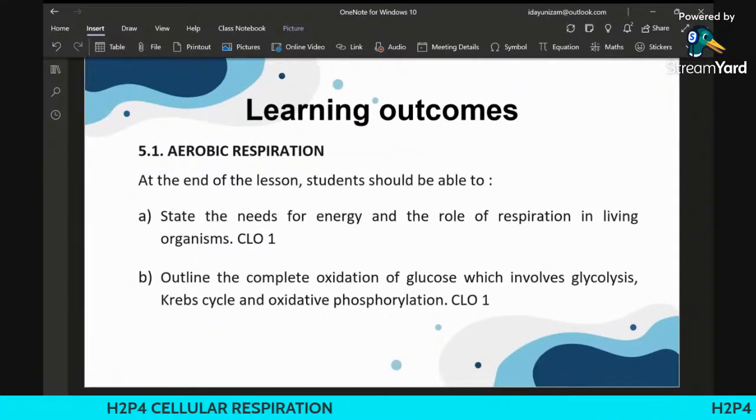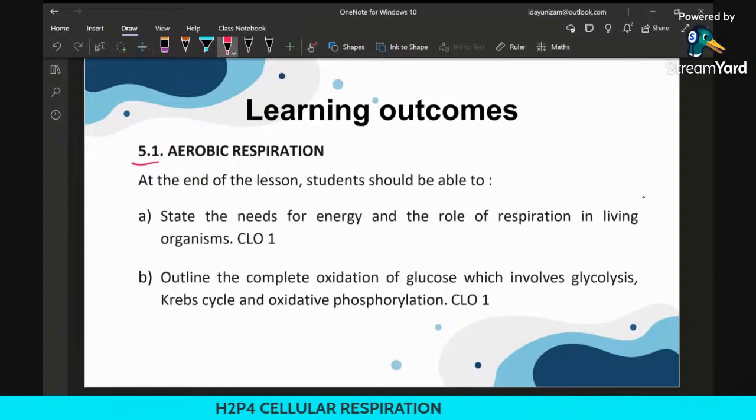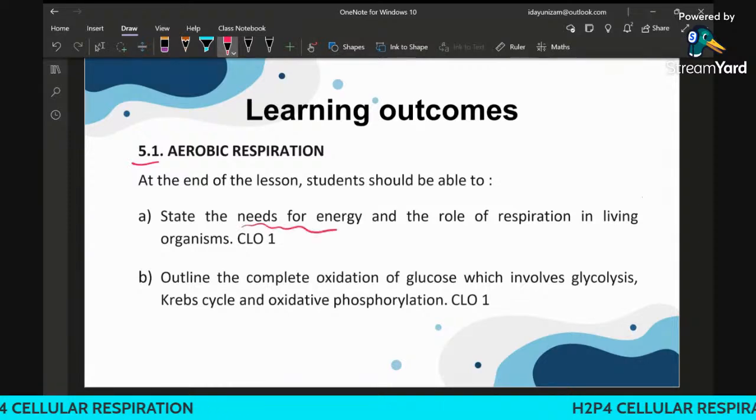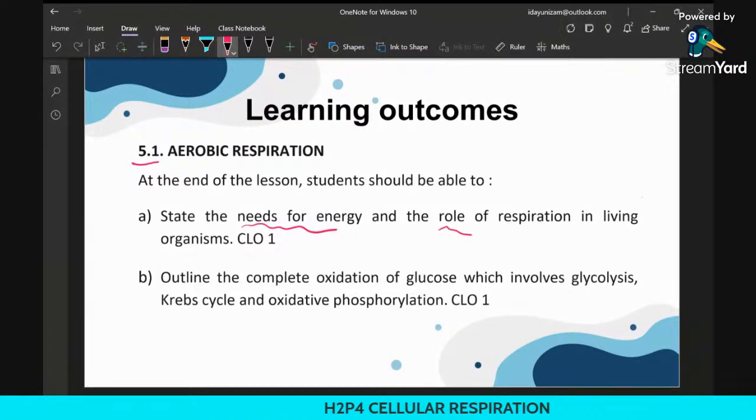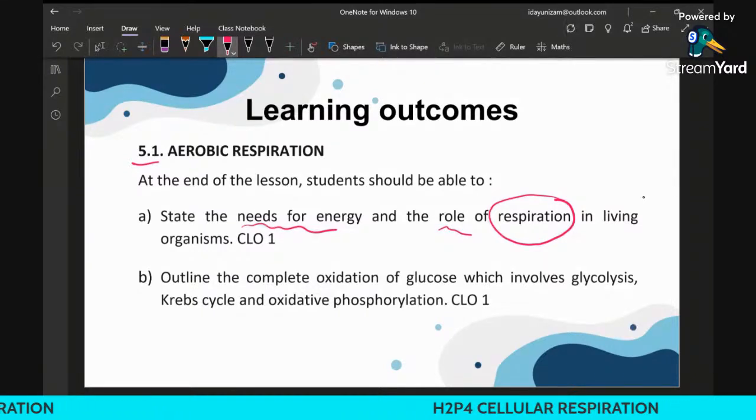Under 5.1, you must be able to state why we, as living organisms, need energy, and how this energy plays an important role in living organisms, especially for respiration. After that, we are going to see the outline of the complete oxidation of glucose.